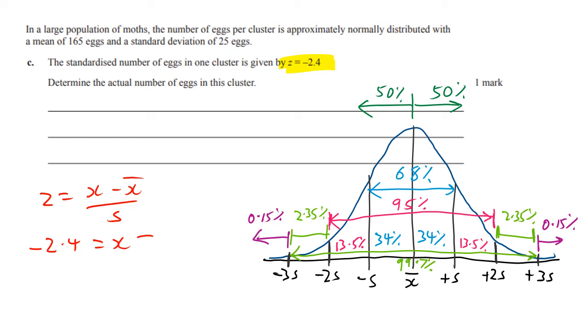Our mean was given up here of 165. So we put minus 165, and then we put all that over 25, because our standard deviation is 25, and that's what s is. Then you have to rearrange all that in your calculator. I'll show that at the end, how to put that in the calculator. But if you rearrange all that, and if you do all the maths correctly, you'll get that x equals 105.